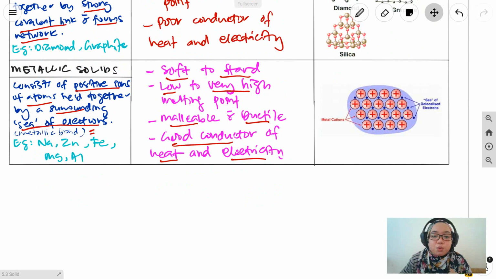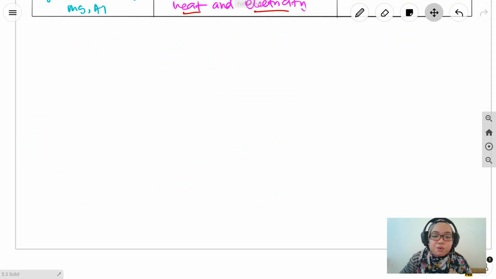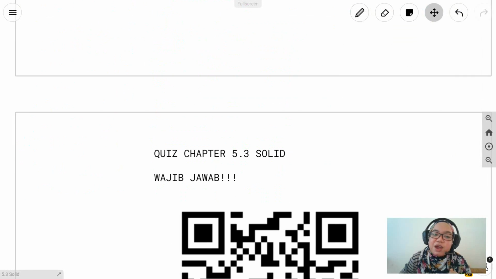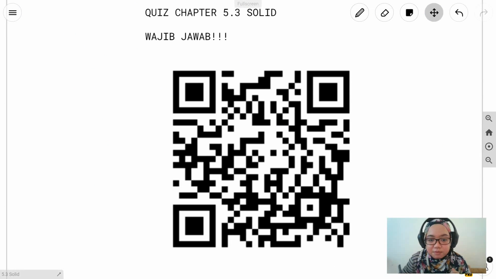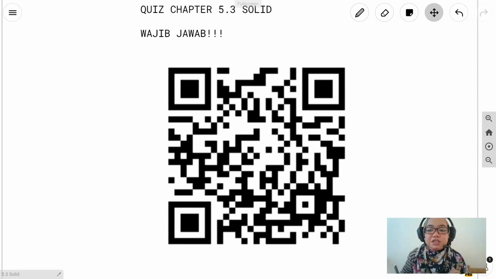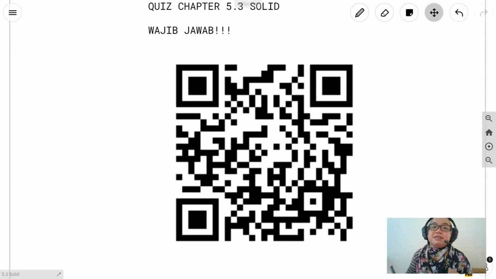Okay. So, for now, what you're going to do is seperti biasa, you have to jawab quiz chapter 5.3. Wajib jawab. Okay, please scan this QR code and answer the question. I have only 6 questions for you. And it's a very simple and easy peasy punya question. I hope that you got full mark for this. Please got full mark or like, please above 50% lah.